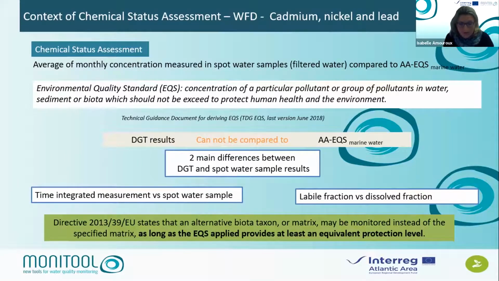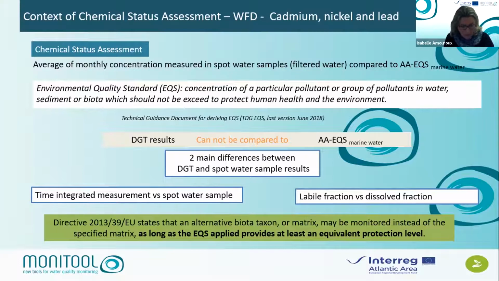For priority substances, the EQS are defined at a European level. They are derived from ecotoxicological data following a methodology defined in a technical guidance document. In the case of metals, the EQS refers to the dissolved fraction.